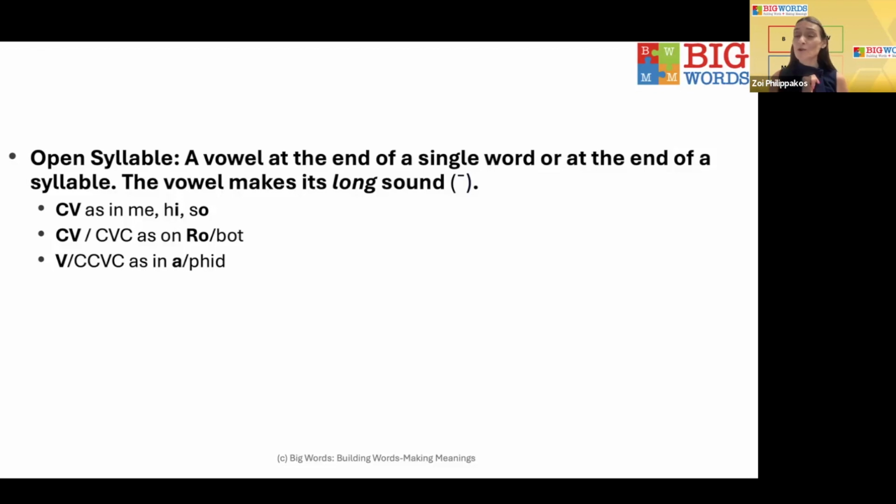So I say the word robot. The vowel says its name. And I will read robot. I may have the word where, after the vowel, I break the syllable, as in the word aphid. And you notice that PH, because it's a digraph, will go together. And I will have an open syllable, a-phid, closed syllable, where the vowel does not say its name.